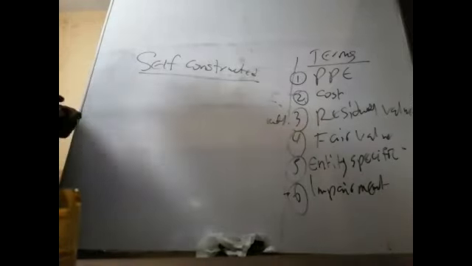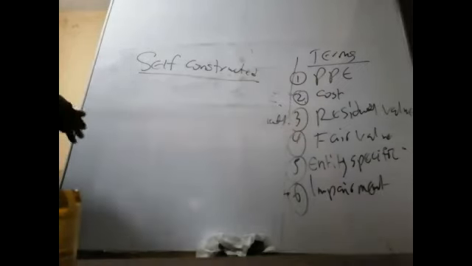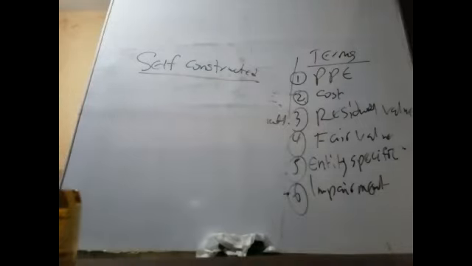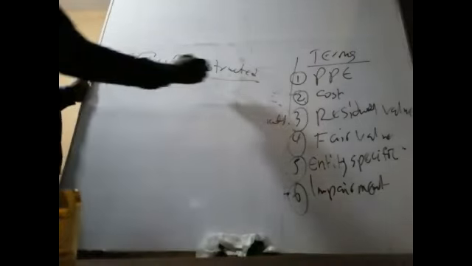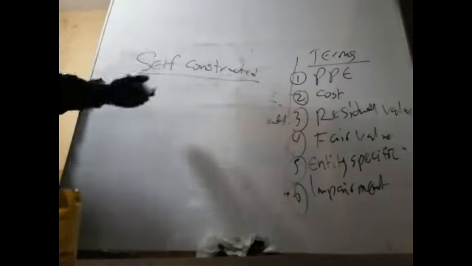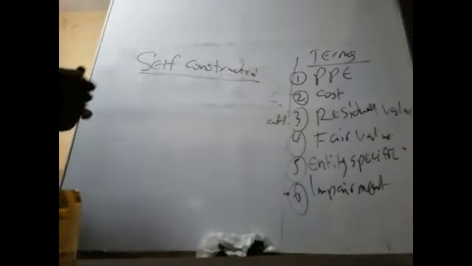Now the question is, if we cannot determine the cost of this asset reasonably, we should not put it in the books. Why are we saying this? It's very difficult to determine the cost of a self-constructed asset reasonably because it's very difficult to separate the cost.